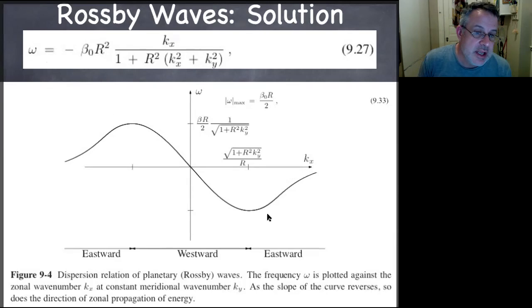So it is eastward propagating here where the slope is positive, eastward propagating here where the slope is positive. So for short Rossby waves, they have an eastward propagating group velocity. For long Rossby waves, they have a westward propagating group velocity. So phase velocity of Rossby waves is always westward. Group velocity is westward for long Rossby waves, eastward for short Rossby waves.